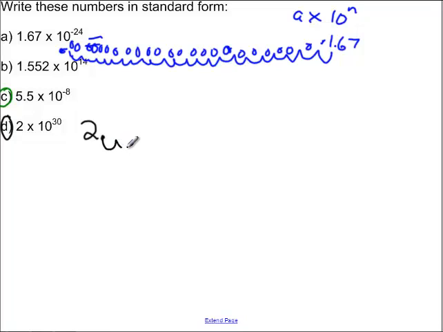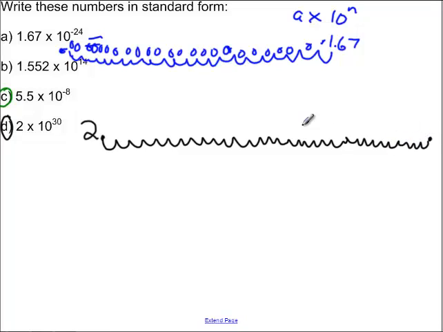So we go 1, 2, 3, 4, 5, 6, 7, 8, 9, 10, three times. And there's our decimal point. I might have missed a couple of little movements here. But again, here's our big, huge number with all these zeros in it, and we've now converted this number.